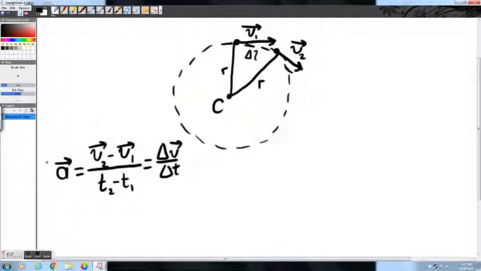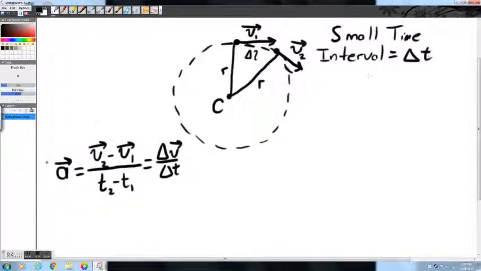So, we're going to say again that this is a circle, radius r, center C. We're going to say that we're looking at a small time interval, which is delta t. Okay, and during that time interval, the particle moves a distance delta L equal to v delta t.